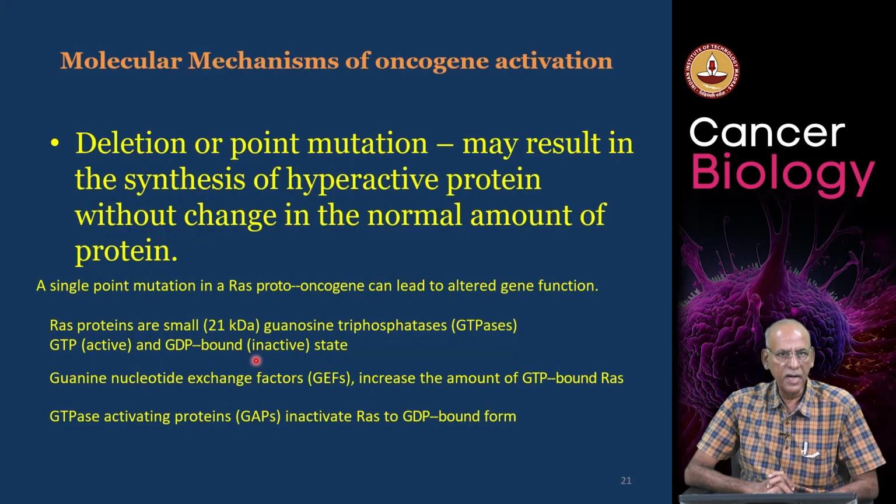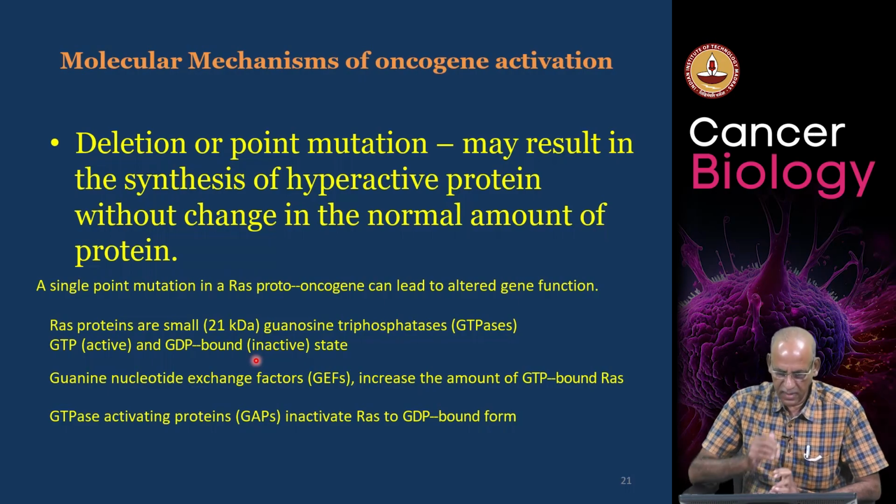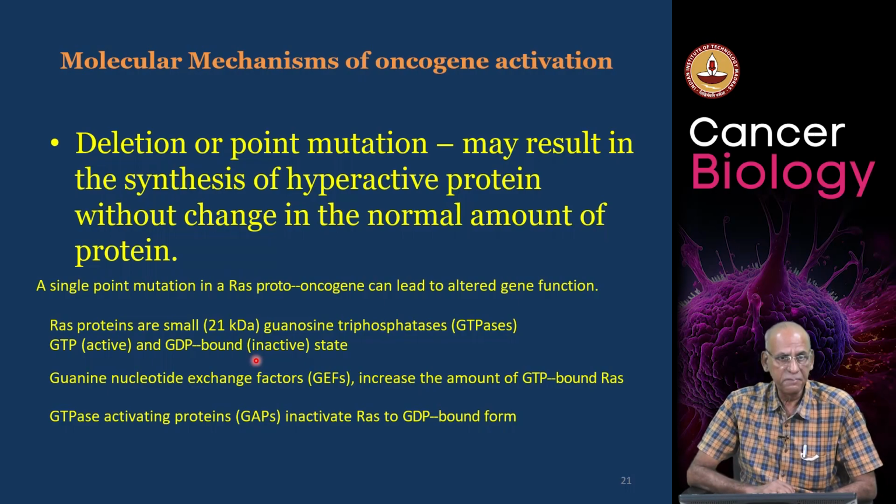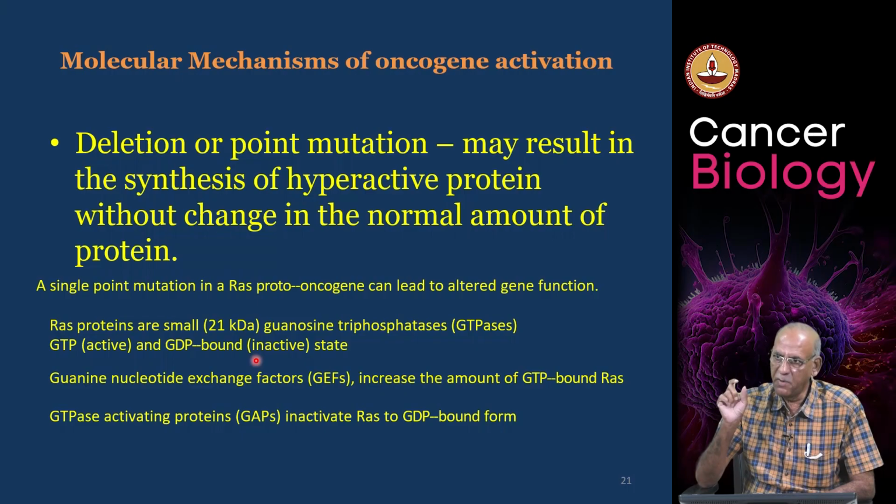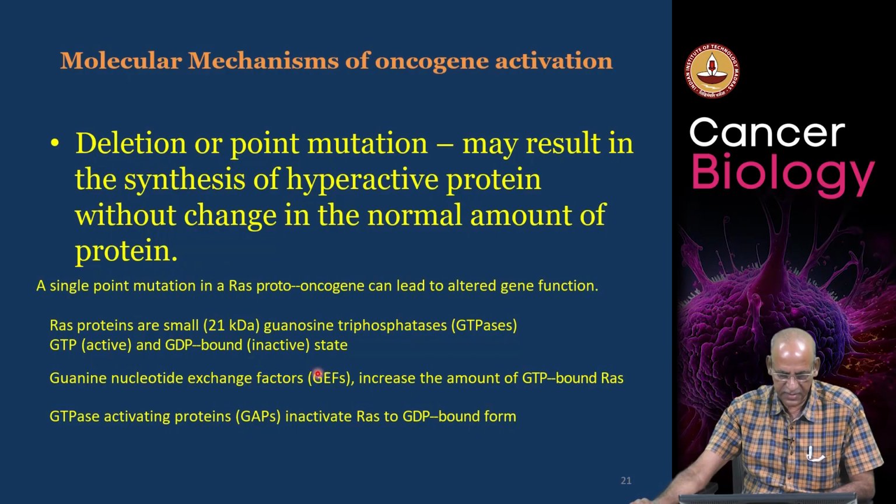For example, RAS proteins are small 21 kilodalton GTPases. You know what GTP and GTPase activity are. So, the GTP-bound form is the active form and the GDP, guanosine diphosphate, bound form is the inactive state.